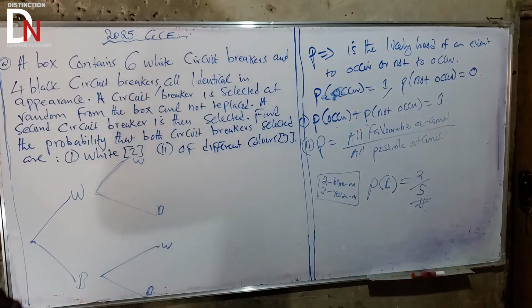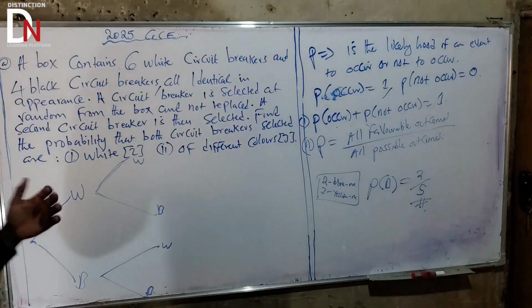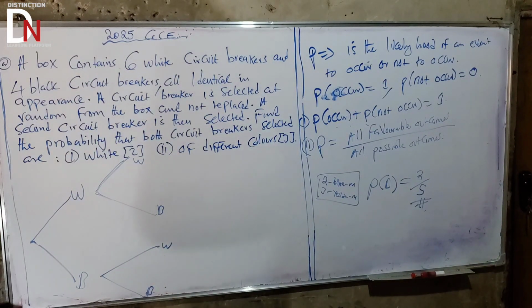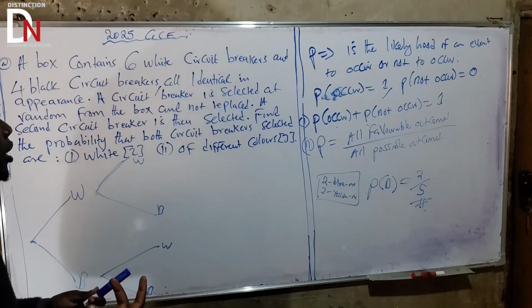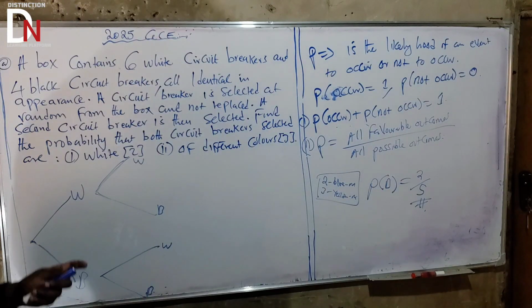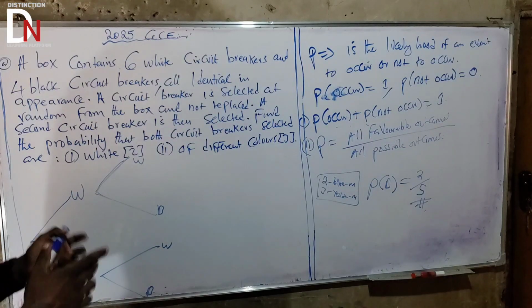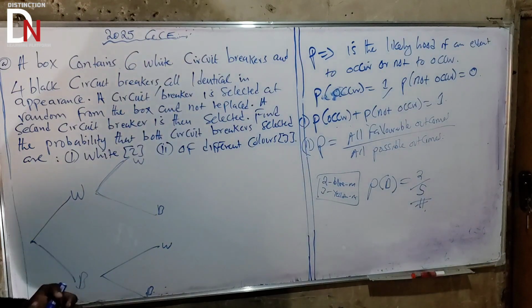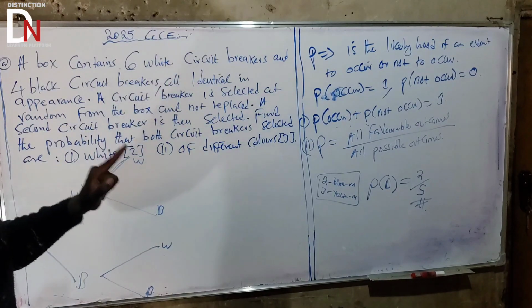So basically, when they were selecting these circuits, they would perform one event after the other. Meaning, in a box, the person selecting is expected to pick a circuit at random, meaning the person doesn't have an idea. So there's a possibility that the person might select a white circuit or a black circuit.